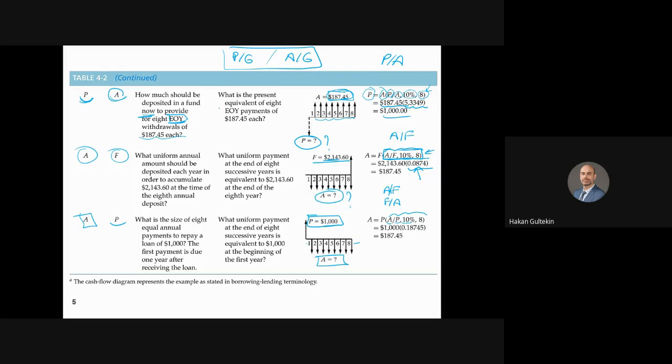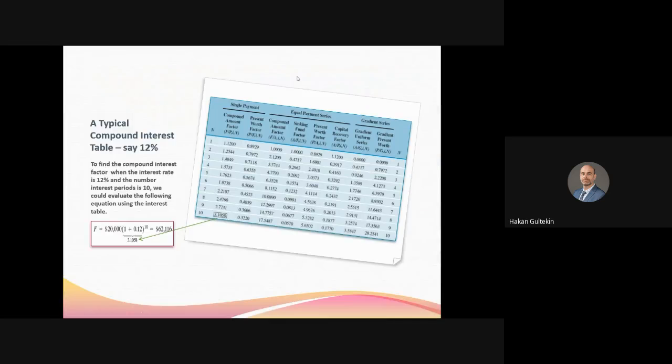We will learn them later, but they have the same idea. And this G is for linear gradient series. When we have linear gradient series of payments, we will use these factors and we will learn it later. And as I told you, this is an example of a table from your book with 12% interest rate.